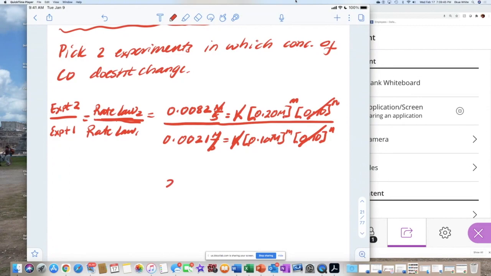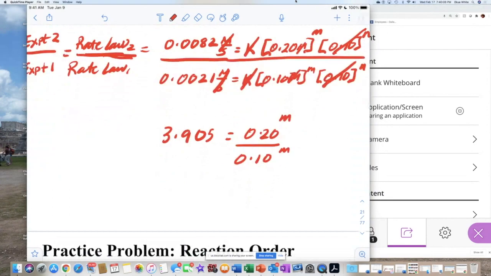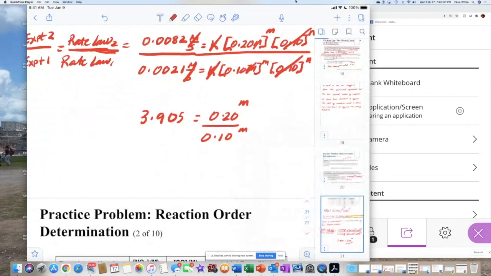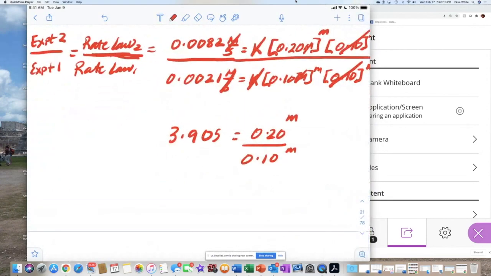So I got 3.90 divided by these already, equals 0.20. Oh, the m's in here cancel out: 0.20 power m over 0.10 power m. There is a rule in math that says when you have numbers with the same exponents, you can consolidate them.